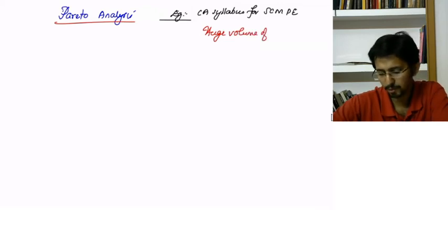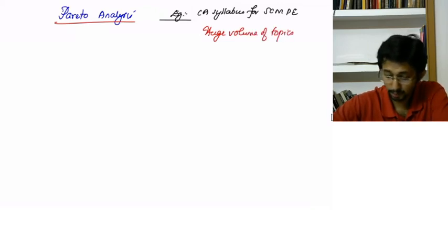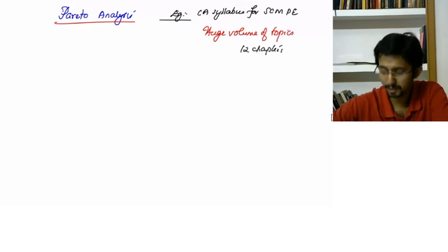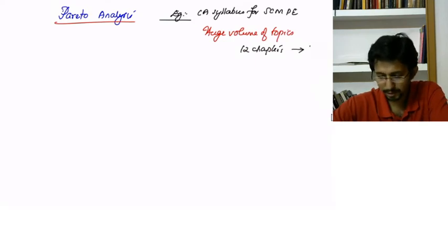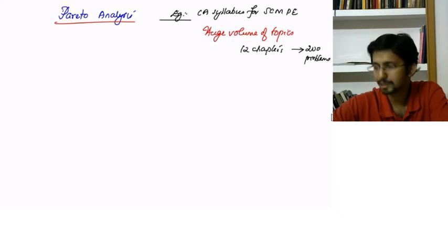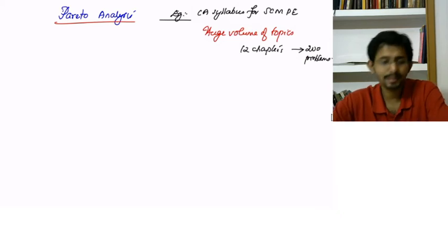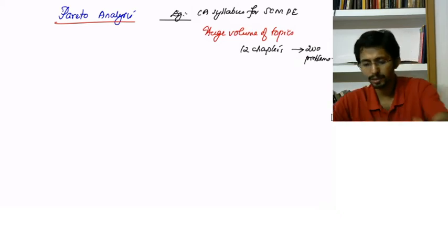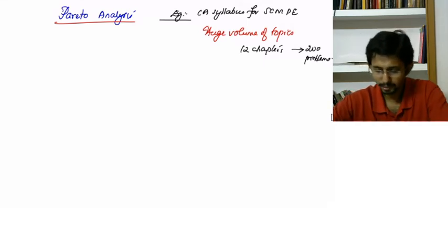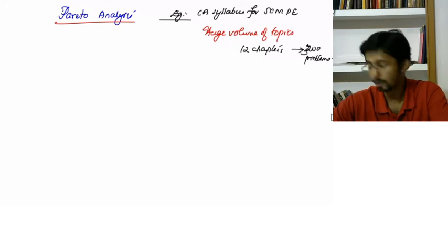You have almost 12 chapters, and you have numerous problems. Let us say you have 200 problems. It's only a hypothetical situation. Whatever I'm telling is not fully correct, it is only an example. You have 12 chapters and more than 200, let us make it 300 problems.